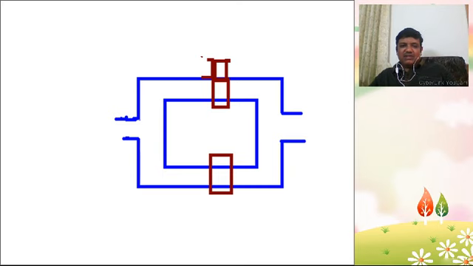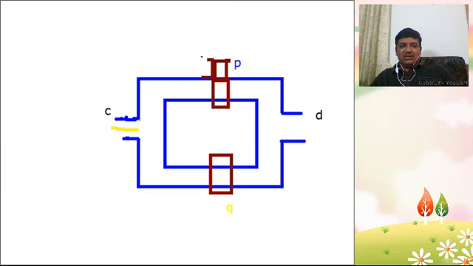We have two parallel Josephson junctions, one is P, another one is Q. So what happens is when we apply a DC current, and for example this point is C and this point is D.